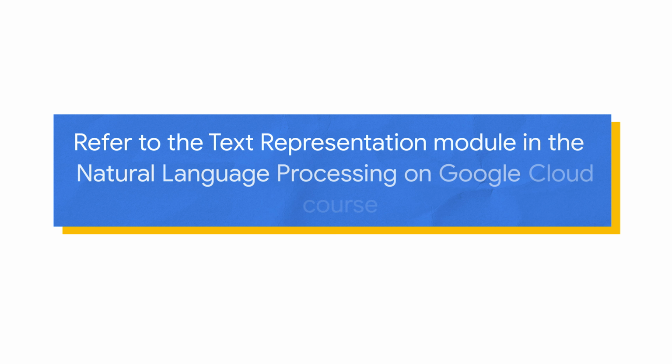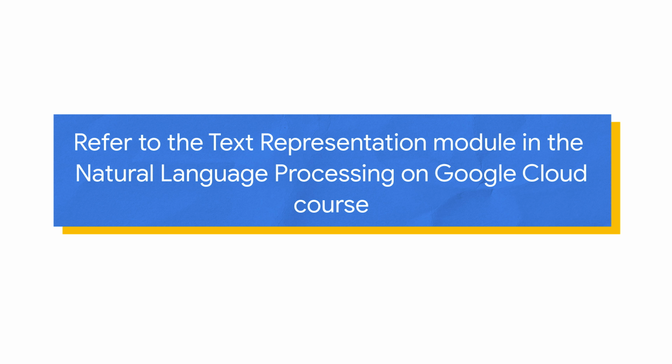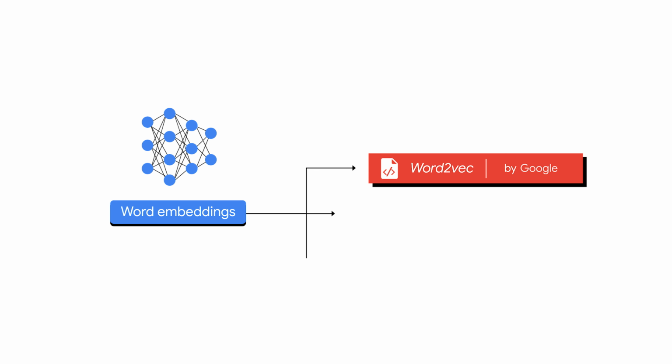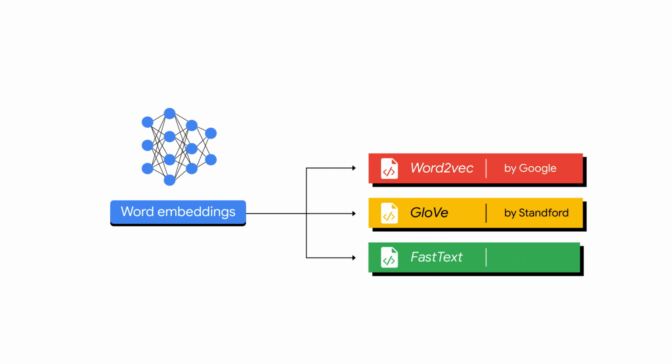To learn more about the different algorithms used to train neural networks to generate word embeddings, please refer to the module on text representation in the course titled Natural Language Processing on Google Cloud, which is listed in the reading. Training on a large corpus typically requires a great deal of computational resources. Fortunately, you do not have to train the neural networks yourself. Instead, you can use pre-trained embedding models by calling APIs.